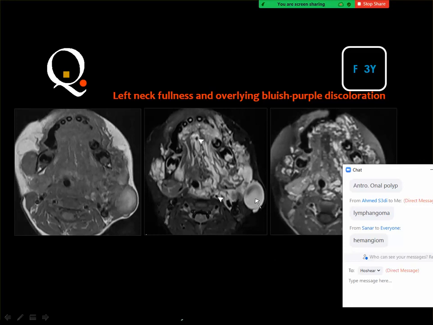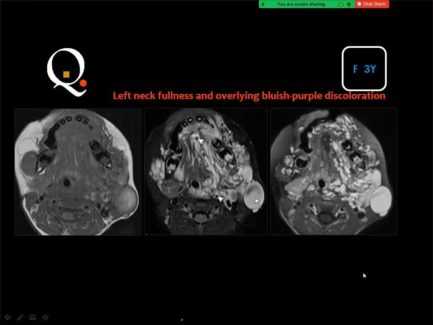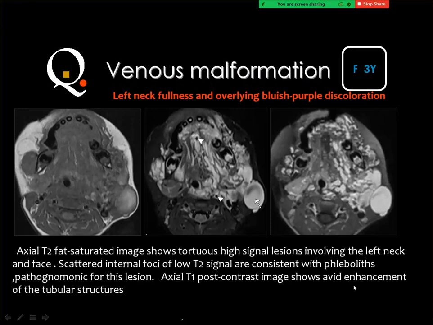some answers about hemangioma. Yes, you know that the recent name of hemangioma is venous malformation. And under the title of venous malformation, we can list number one the hemangioma, number two the cavernoma, number three the cryptic or the dural, the developmental venous anomaly.